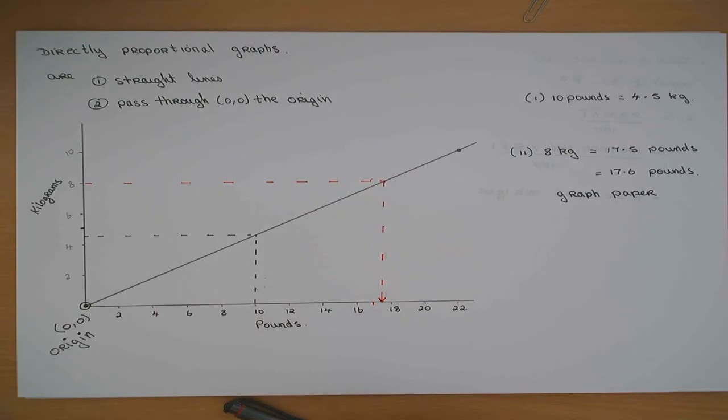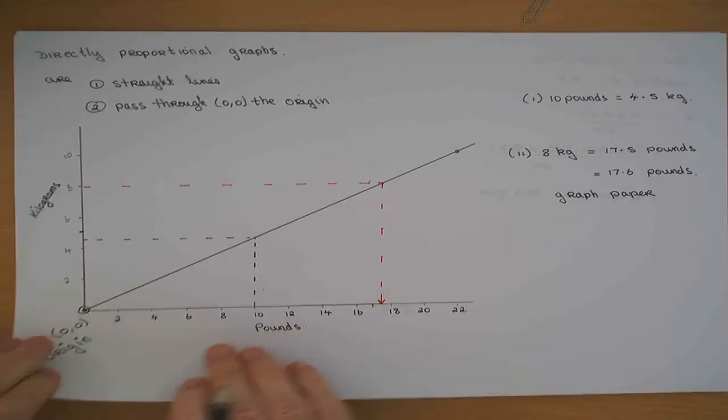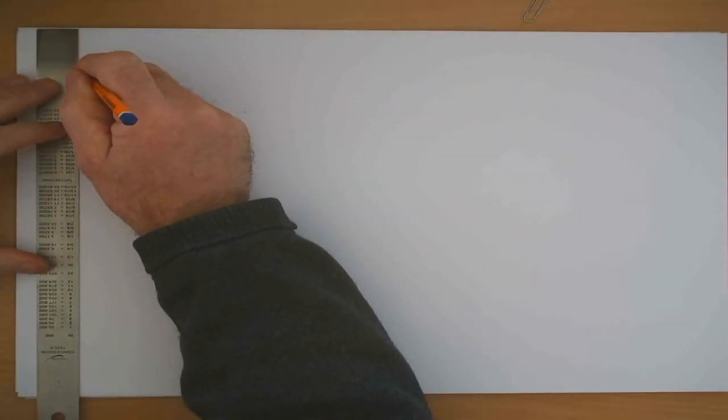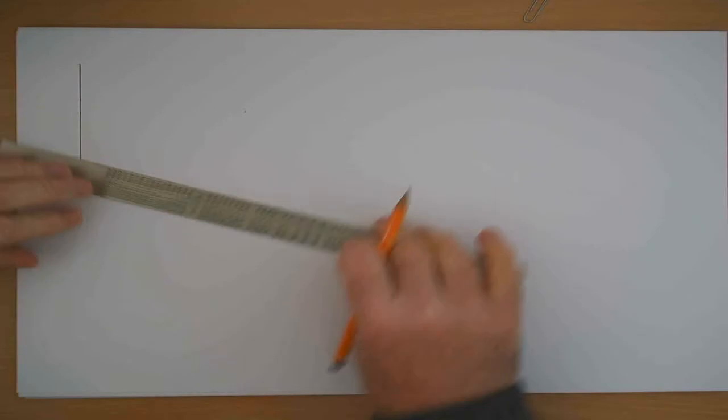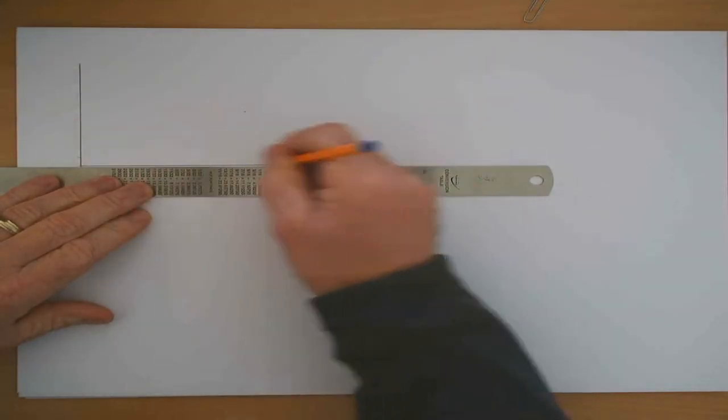And there's loads of graphs that are directly proportional graphs, where one is directly proportional to the other. For example, your wages and the hours you work. If you're paid 12 euros per hour, right?